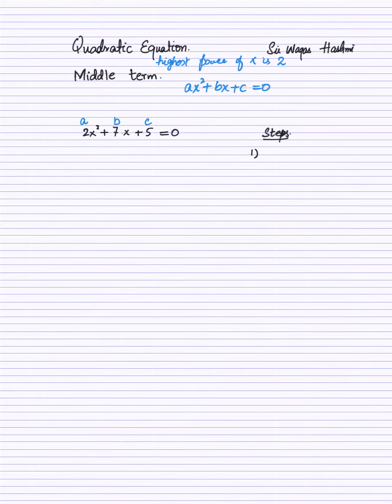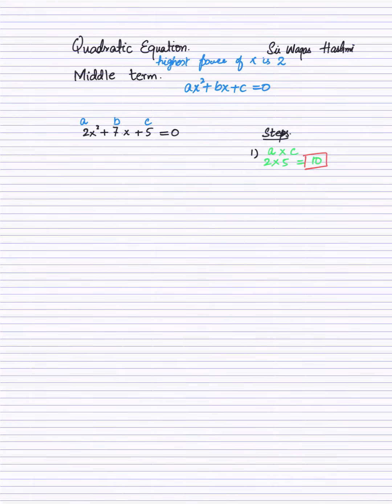The first step in the middle term method is to multiply the coefficient of x squared, that is a, with your constant c. So a is 2 and c is 5, that is equal to 10. Now 10 is an important number, so that's why I enclosed it in a red box.